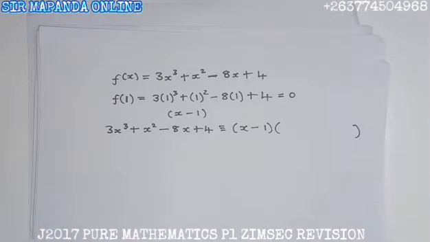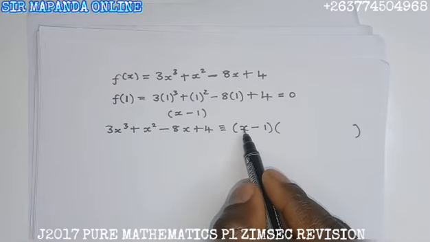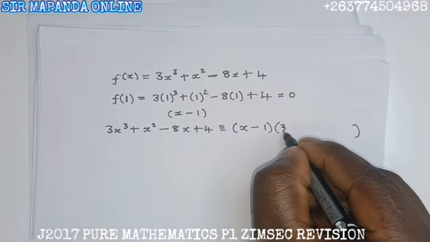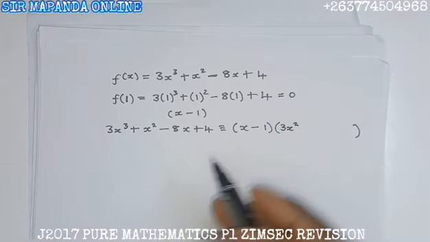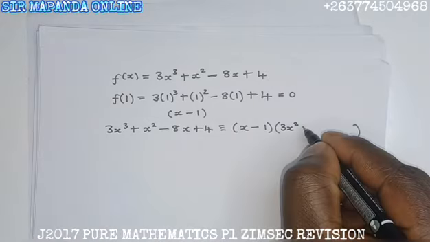This second bracket is your quotient, and x minus 1 is your divisor. The first term of the divisor into the first term of f of x: x into 3x cubed, you get 3x squared.